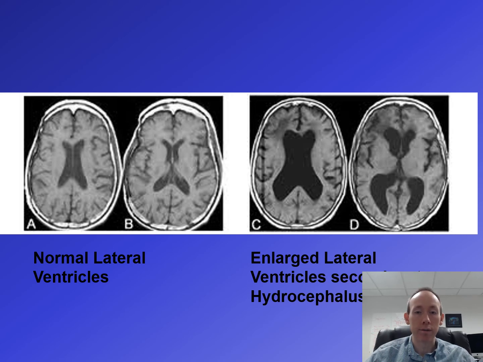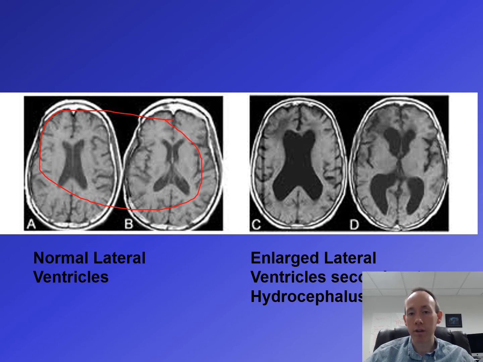If you're 20 years old or up to about 40 or so, the ventricles for the most part are going to be quite small, in some cases barely noticeable. I mean, they're there, but depending on the scan, not very large. But as we get older, getting into our 60s and 70s, they start to enlarge. But this is kind of normal for aging.